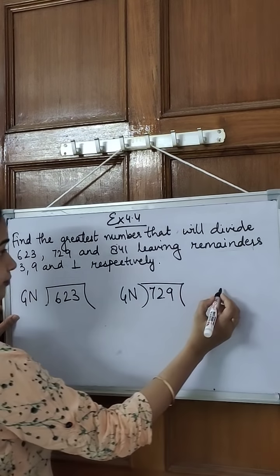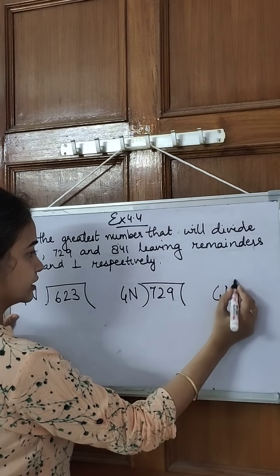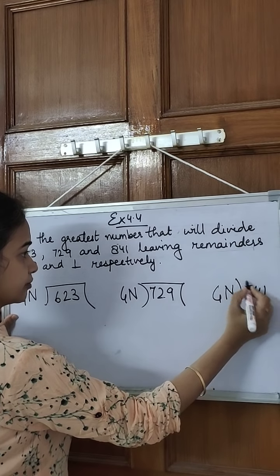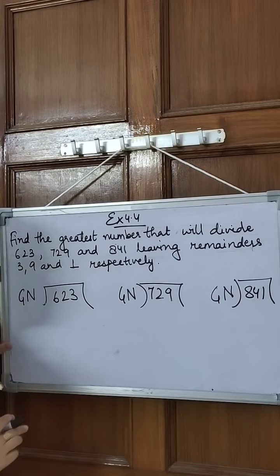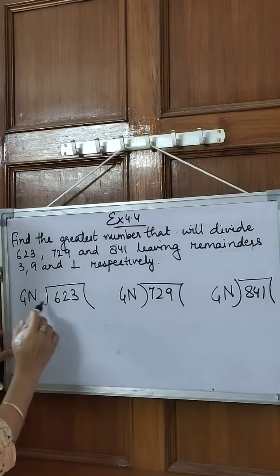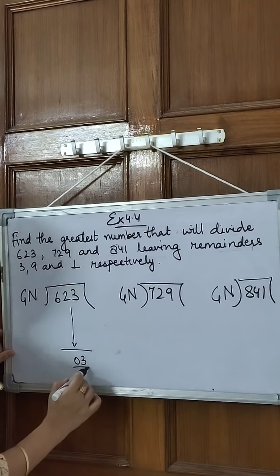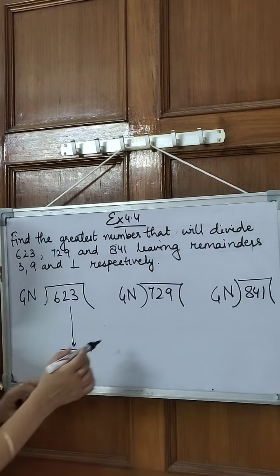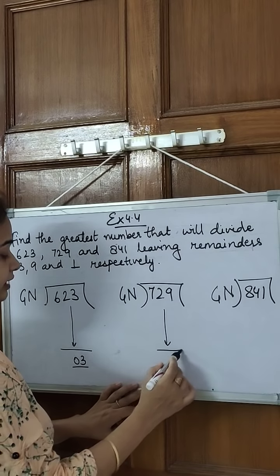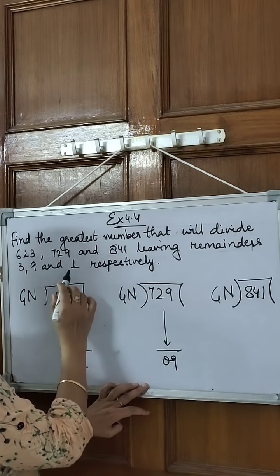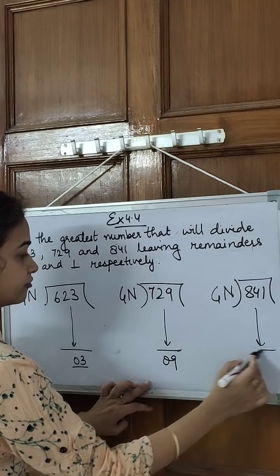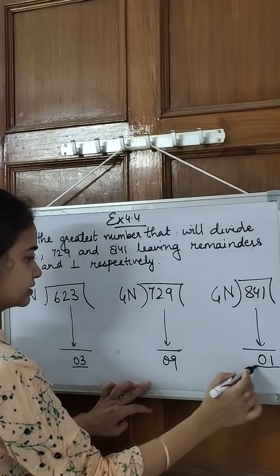And what will happen when I divide these three numbers? In the first case, at the end I will get 3 as remainder. In the second, I will get 9 as remainder, and in the third case, after dividing, I will get 1 as remainder.